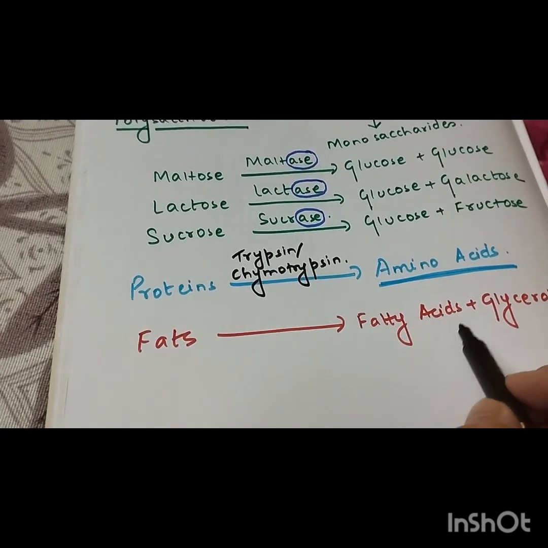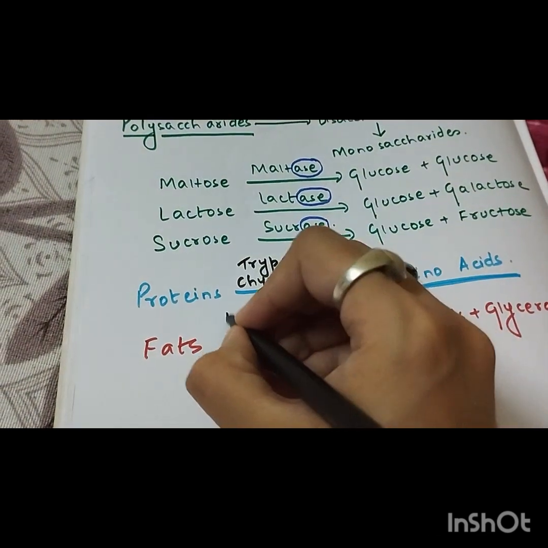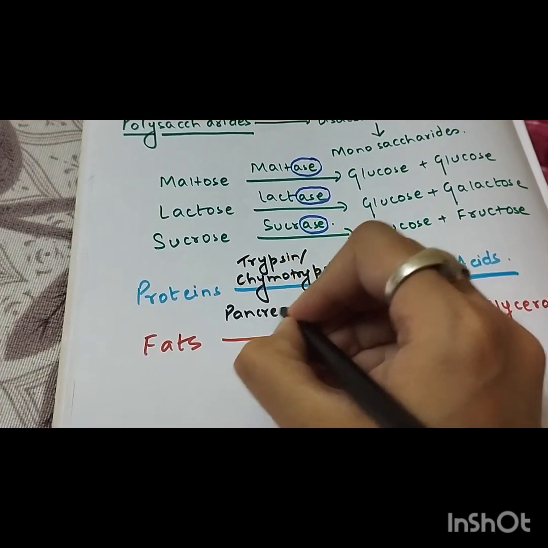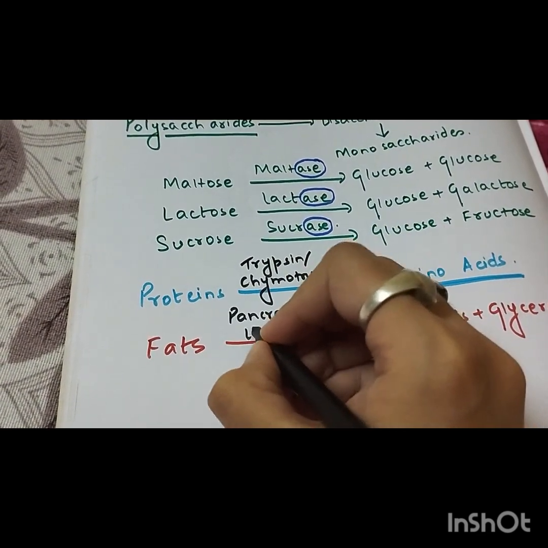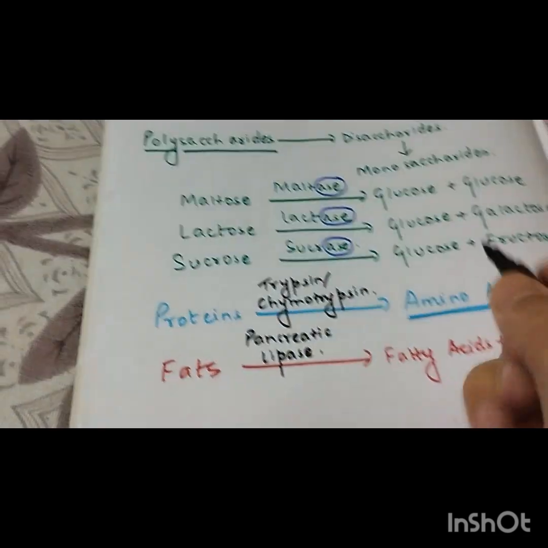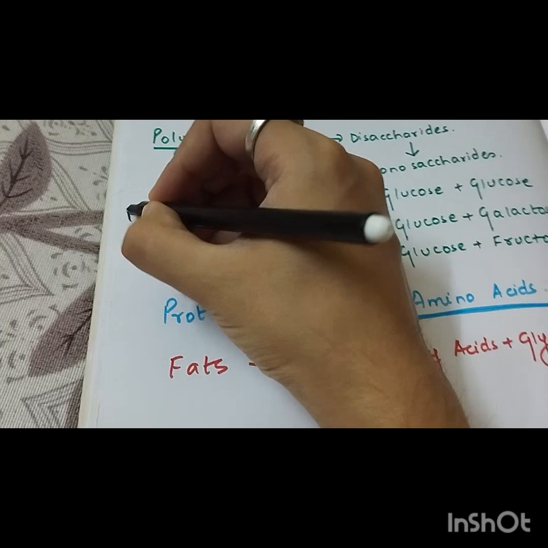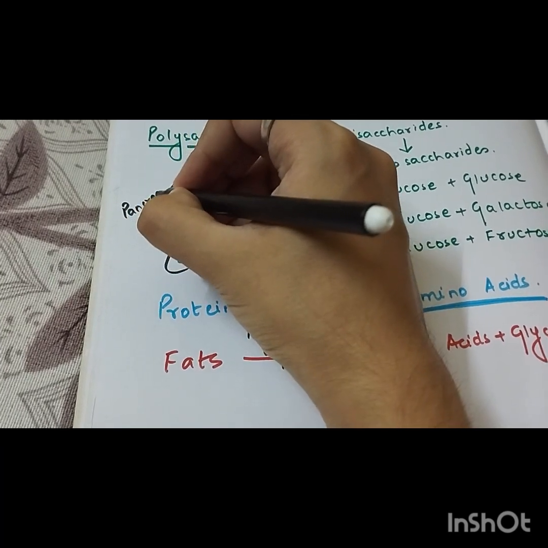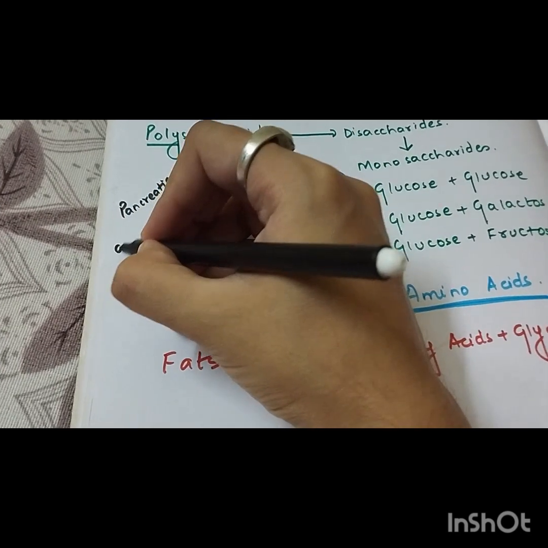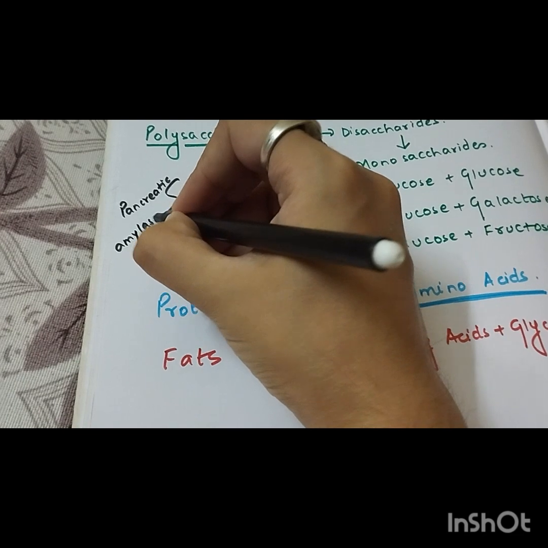Fats are broken down into fatty acids and glycerol because of pancreatic lipase. And all these enzymes are put into pancreatic juice.